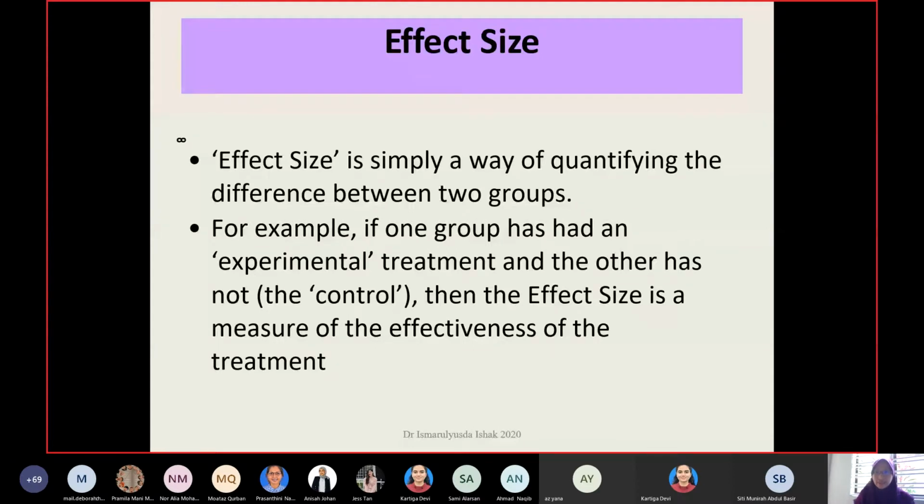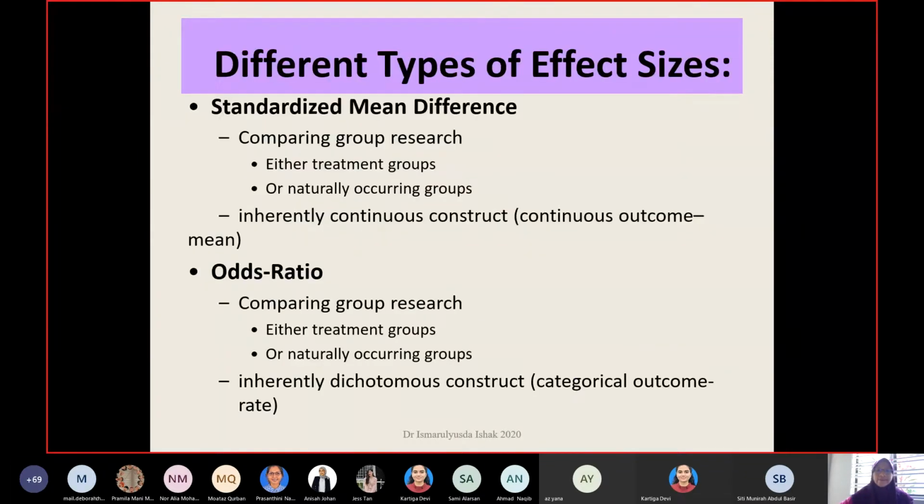There are many tests. Effect size for a t-test is different from effect size for correlations, and for comparing means it is different. This is what I mean by the difference of effect size.